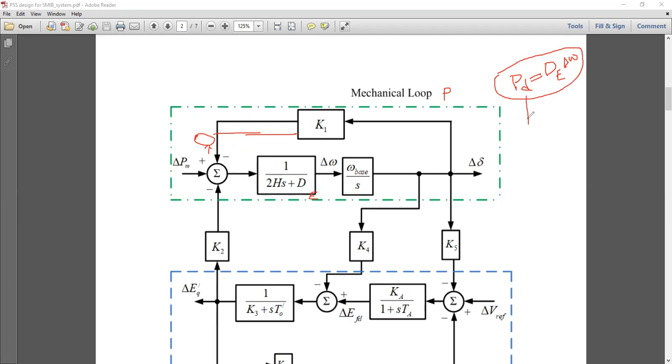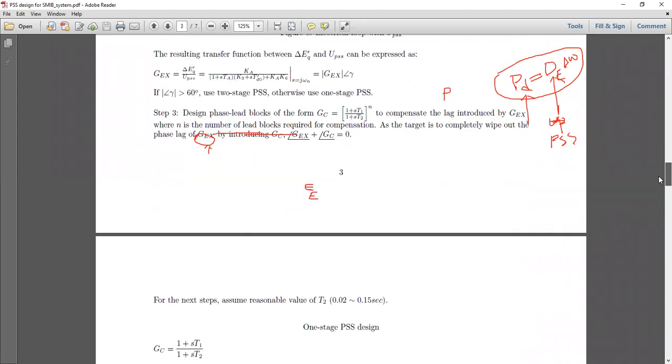You incorporate it into the swing equation, simplify that, and you get this block, 2HS plus DE. So this is how this DE is reappearing here, instead of D. This DE is coming from the PSS block. This is how this equation will be modified.